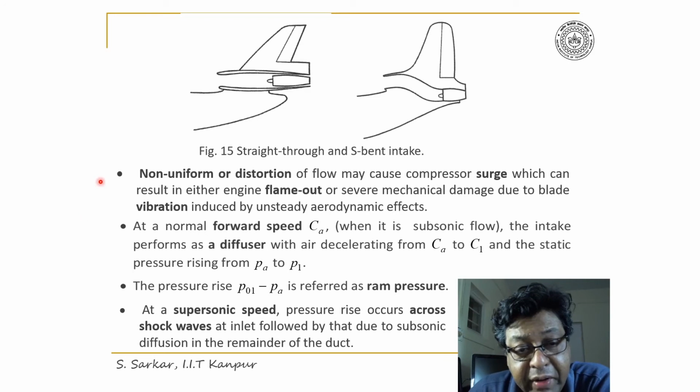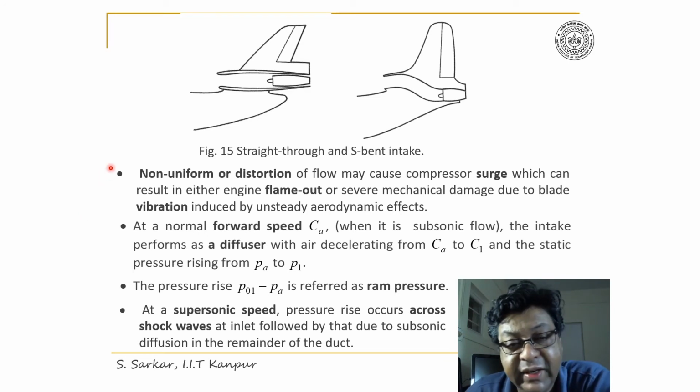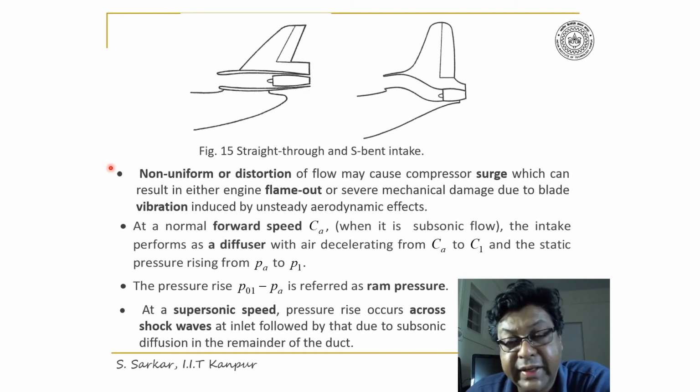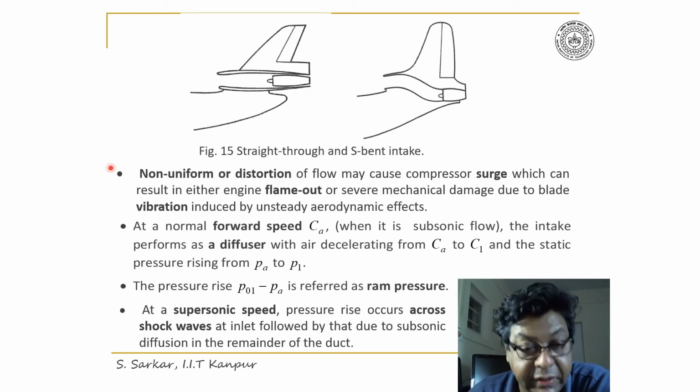Thus, I have given information here stating that non-uniformity or distortion of flow may cause compressor surge, which can result in either engine flame out or severe mechanical damage due to blade vibration induced by unsteady aerodynamic effects.